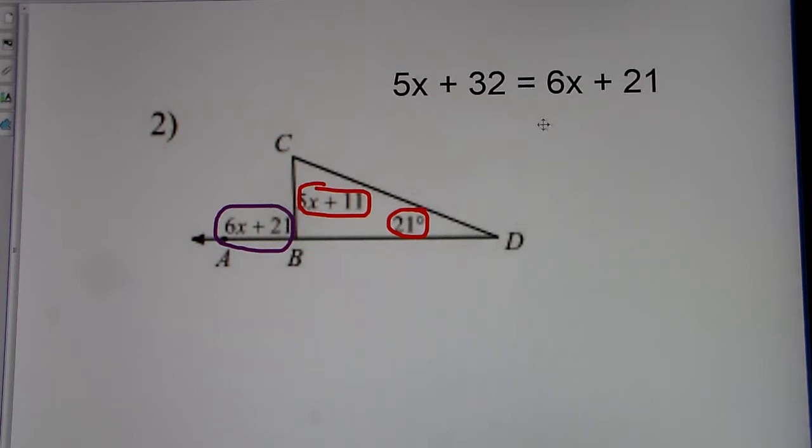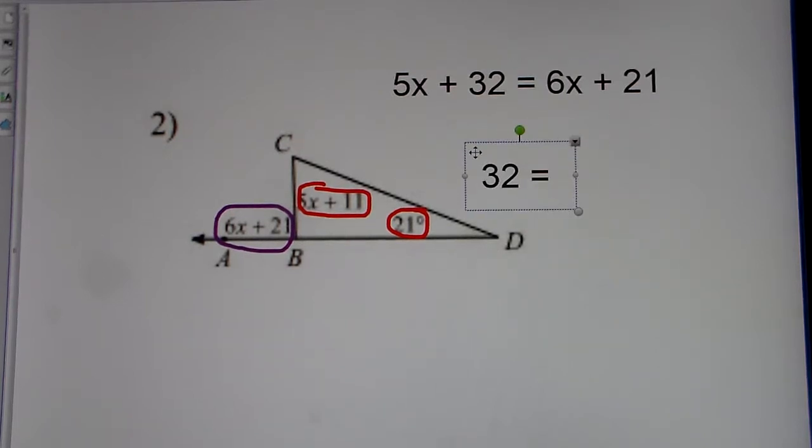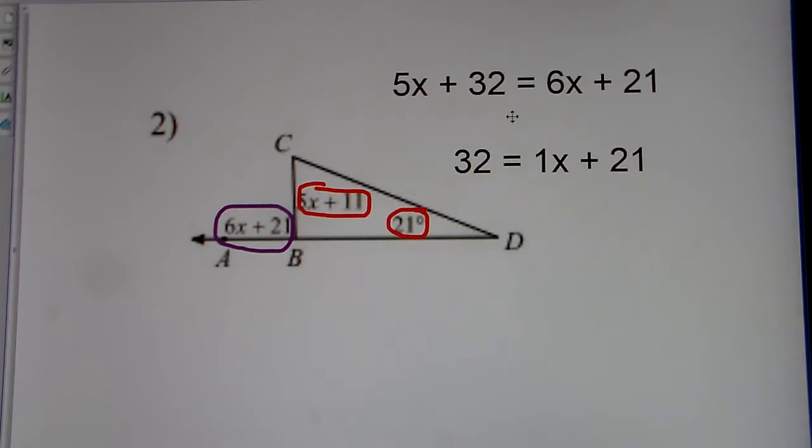Then we're going to do our inverse operations. We're going to subtract 5x from both sides. So then we're going to get 32 is equal to 1x plus 21. That's what happens when you subtract 5x from this side and 5x from this side. And we learned that in Algebra 1. And we have variables on both sides. Then we're going to subtract 21 from both sides.